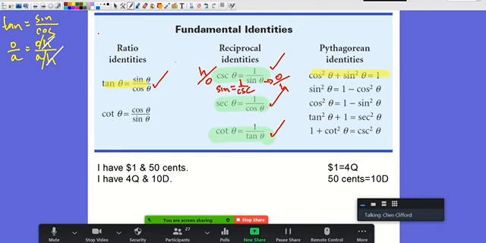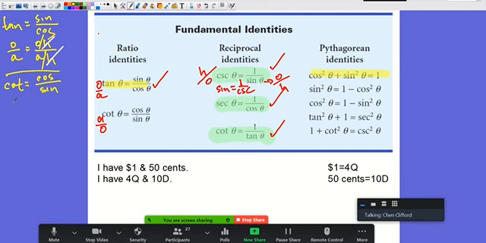Now remember, cotangent and tangent are reciprocals of each other. Tangent is opposite over adjacent, and cotangent is adjacent over opposite. I want to prove to you that cotangent is cosine over sine.